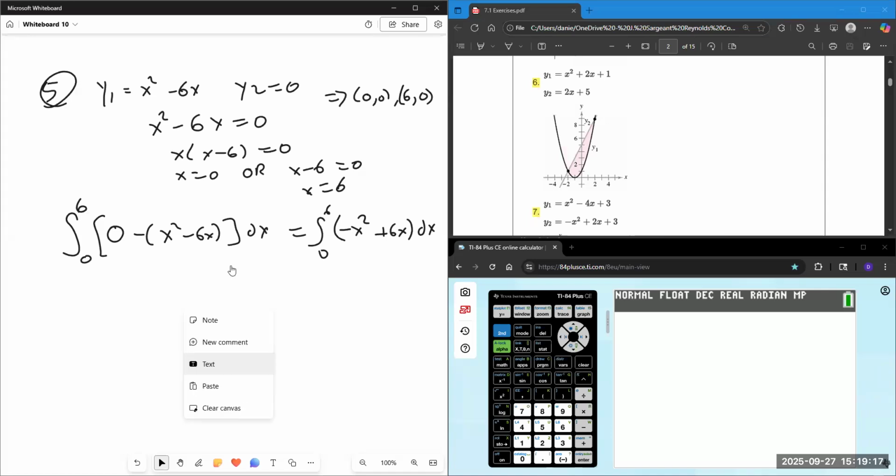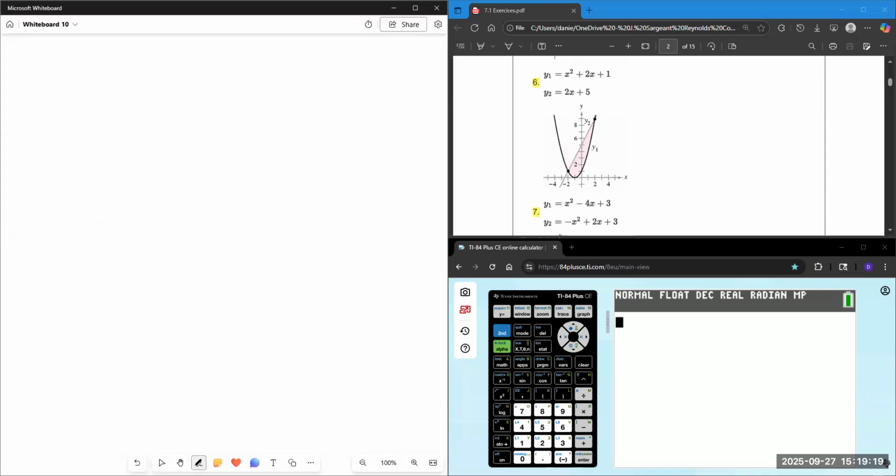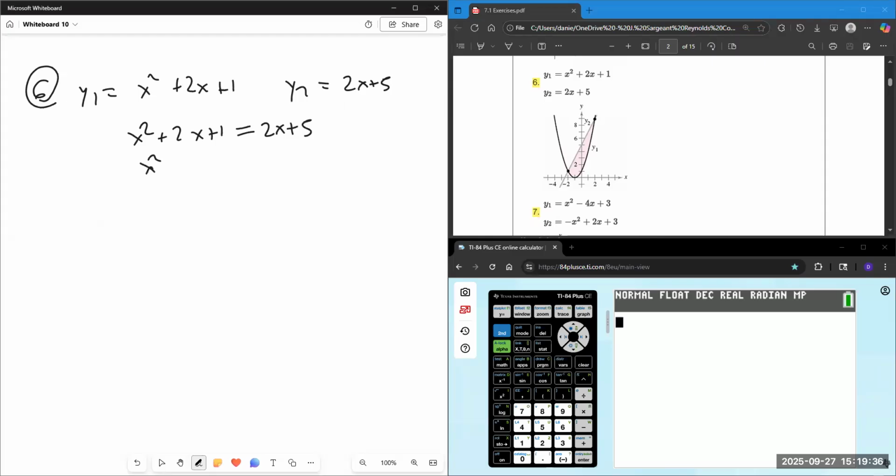Number 6 says y1 is equal to x squared plus 2x plus 1. Y2 is equal to 2x plus 5. Again, I'm not going to trust the graph and my eyeballs. I'm going to use algebra to tell me where the points of intersection are. So they are at x equals negative 2 or x equals 2.